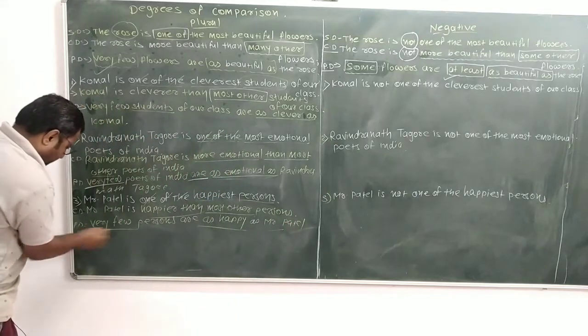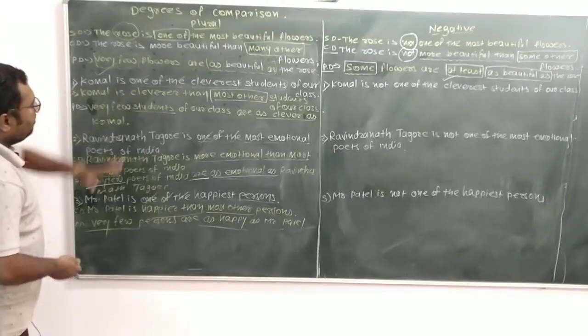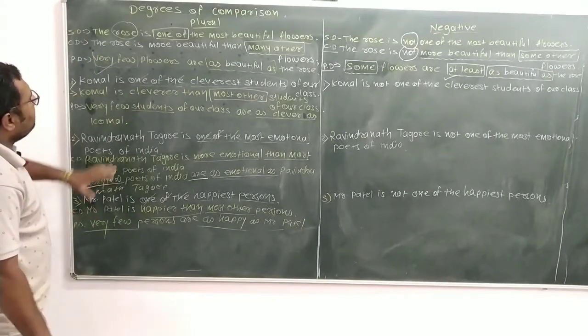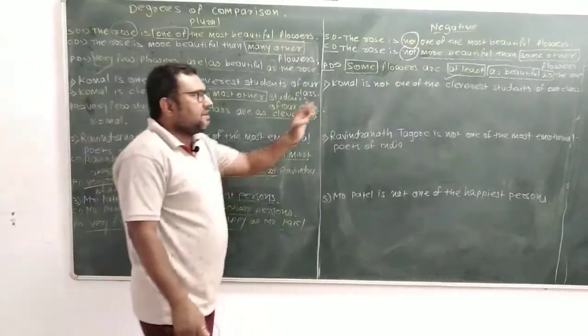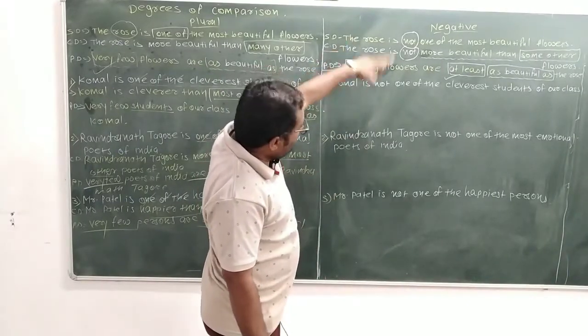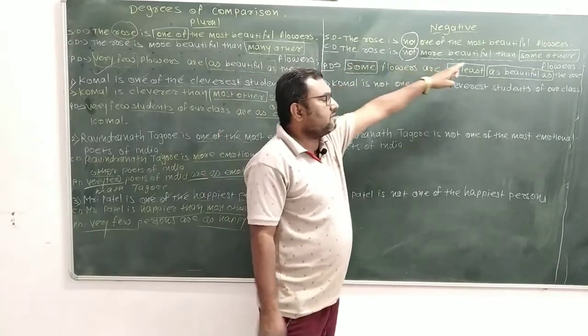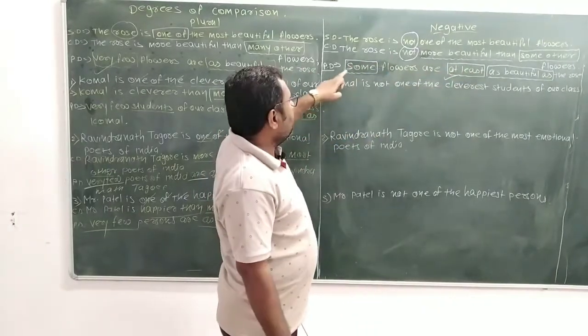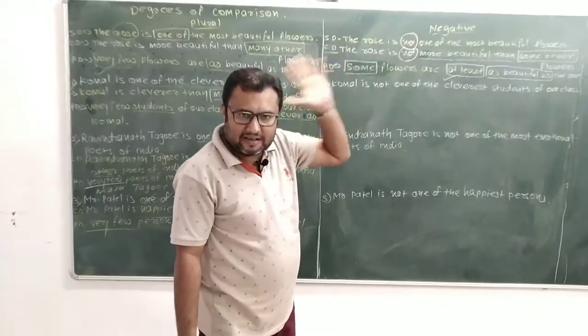Okay? Very few persons are as happy as Mr. Patel. All of you know these things very well, but something changes in the negative sentence. Suppose the rose is not one of the most beautiful flowers, so we can use "not some other", and in the positive degree "some are at least as".